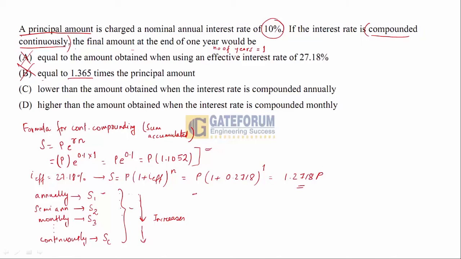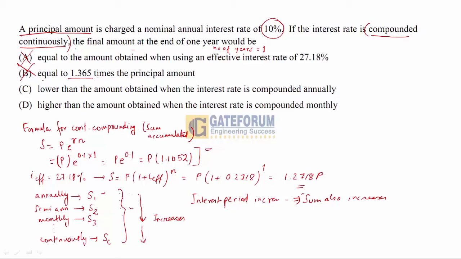So if the interest period increases, this implies the sum also increases. Say, like in the semi-annual case, whatever amount you get after the end of 6 months, for the next 6 months you will be getting some interest on that extra amount also.